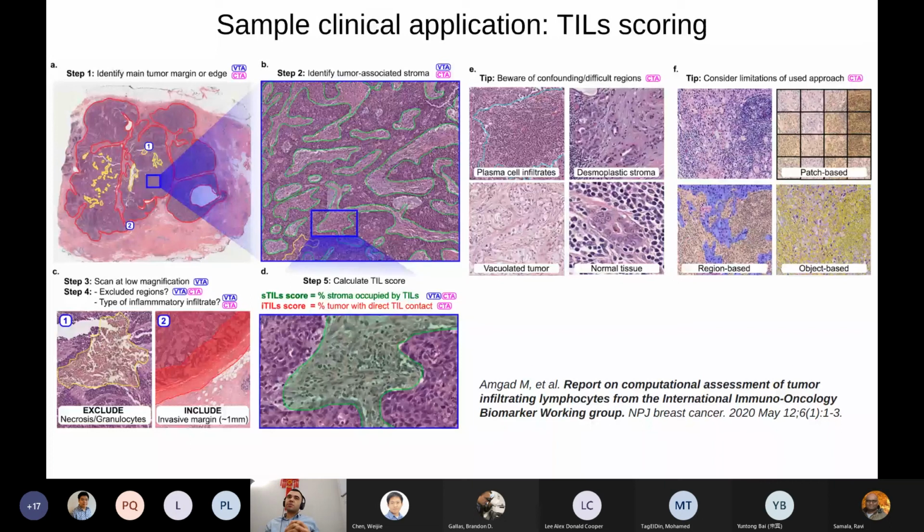And it's really not as simple as just detecting all of the lymphocytes in any area and looking at the global scores.